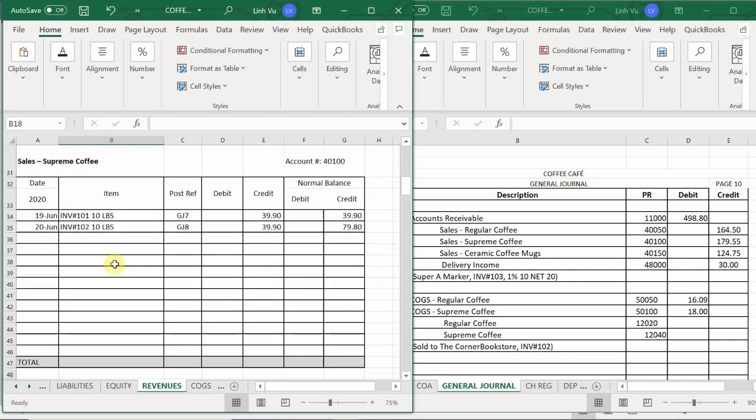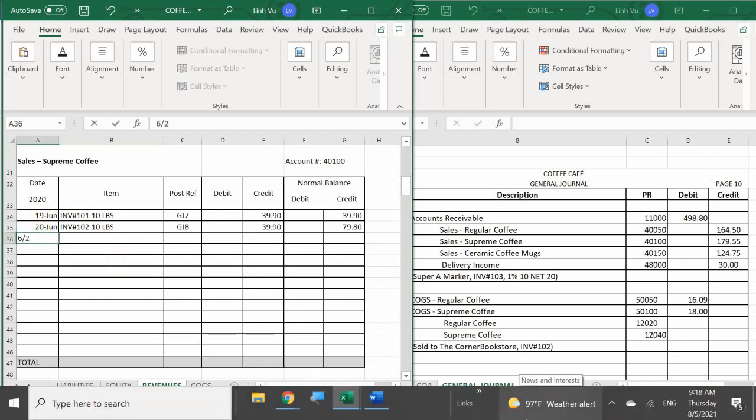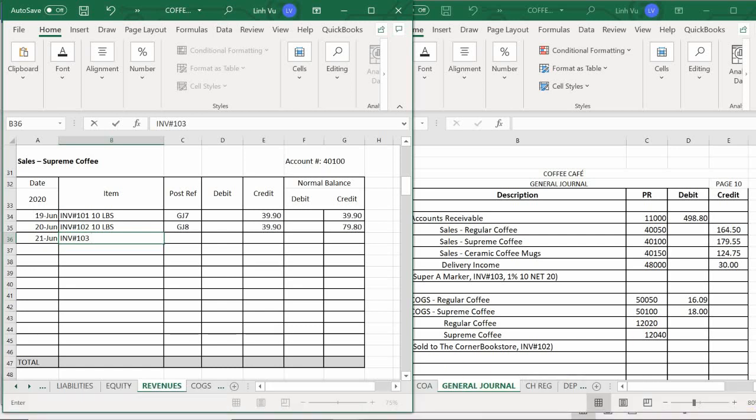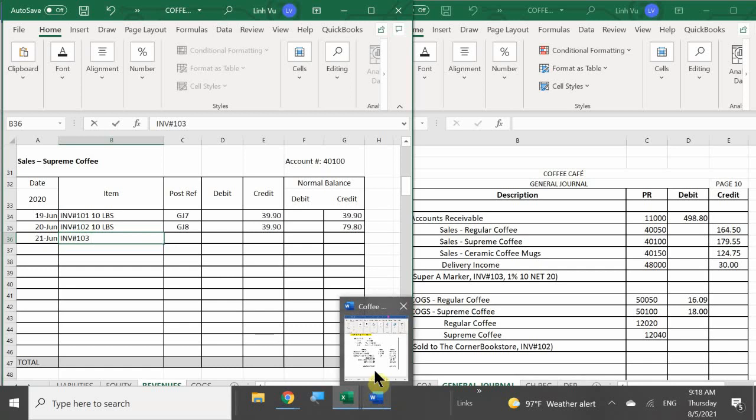So we go to Supreme Coffee. Invoice number 103, 50 pounds. And I think we sold 40. How much did you sell? 40? 45. 40 or 45? Let's see.